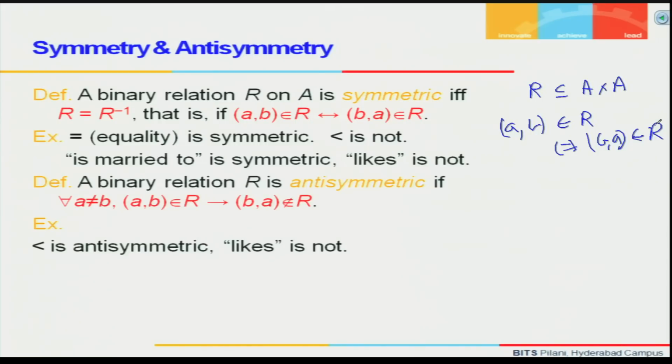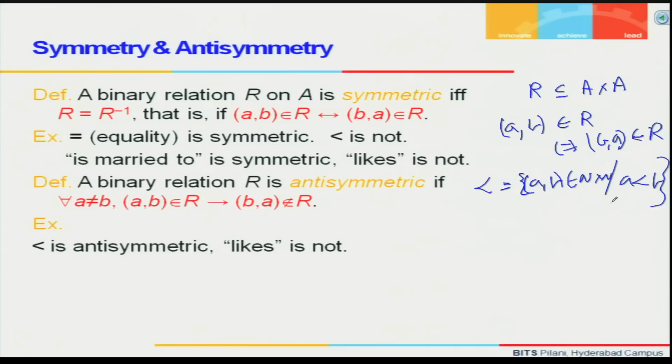First we will see a relation which is not symmetric. We will consider the same example that we have been seeing for some time, that is, the set of all A comma B in N cross N such that A is less than B. This is a relation. Let us see if it is symmetric or not.